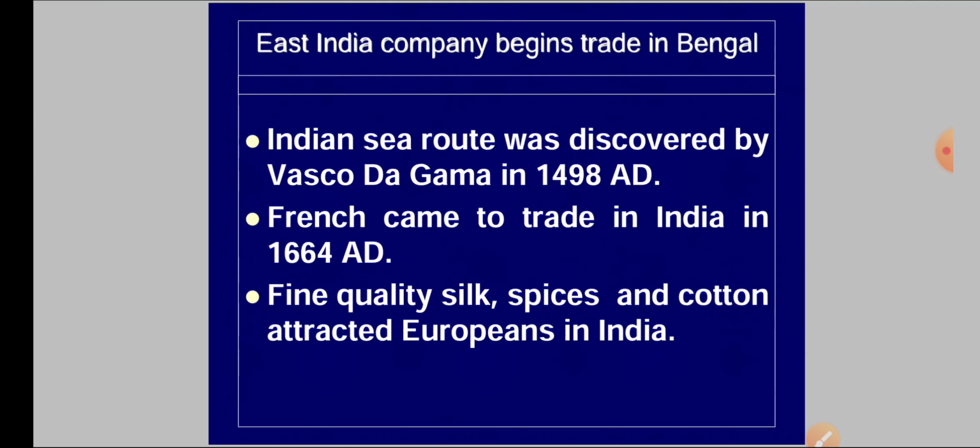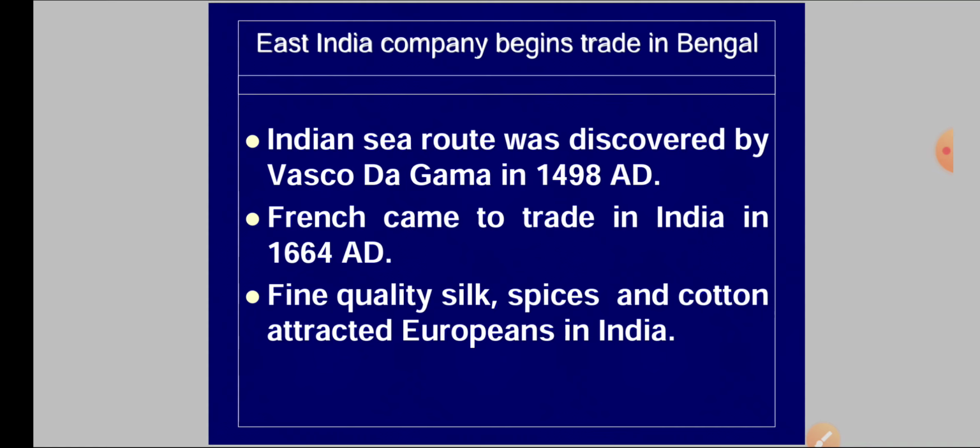He was a Portuguese who came to India via the Cape of Good Hope route. Means he completed his round around the African continent and reached the Indian coastal areas and landed in the Calicut region in 1498 AD.